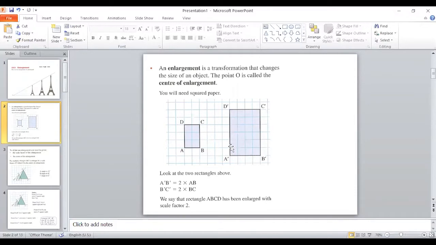What do you notice? Aren't these sides twice the image sides? That's why we say that the rectangle ABCD has been enlarged with scale factor 2. So the scale factor is 2 since their corresponding sides are twice the object size.